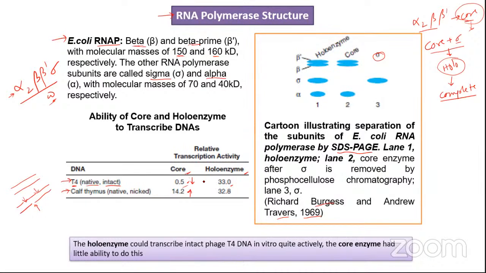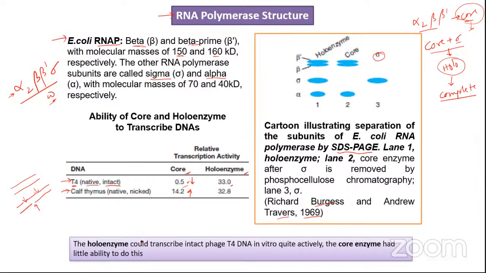So it was reasoned like this: the core enzyme can give you better activity if at all there is some kind of DNA breakage, while holoenzyme can give you the same activity no matter whether it is broken or unbroken DNA that you are providing to the holoenzyme.